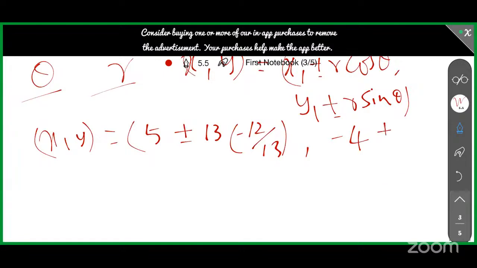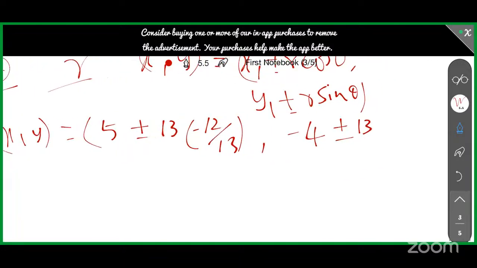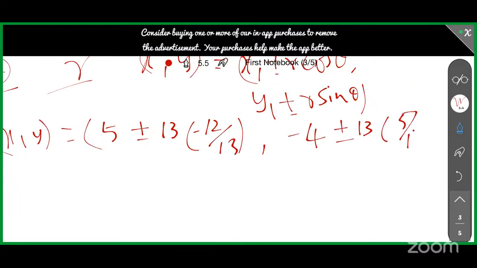Minus 4 plus or minus 13 into 5 by 13. This 13, this 13 get cancelled. Yes or no? Yes, sir.